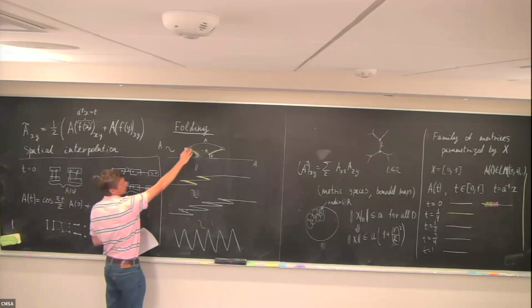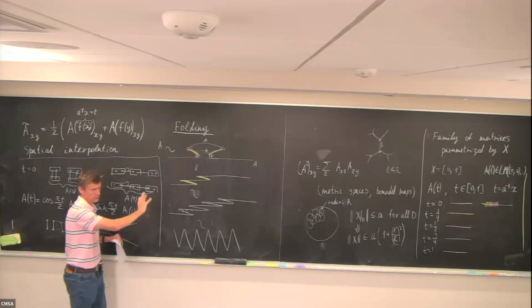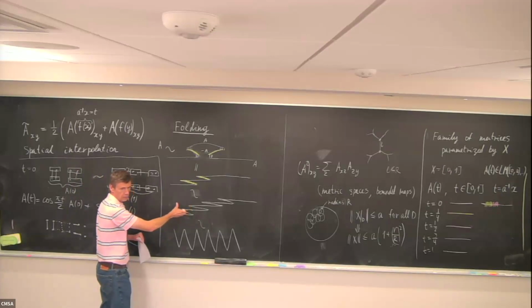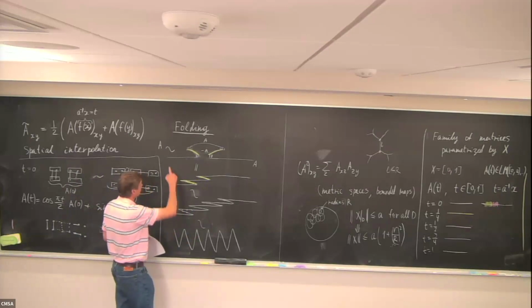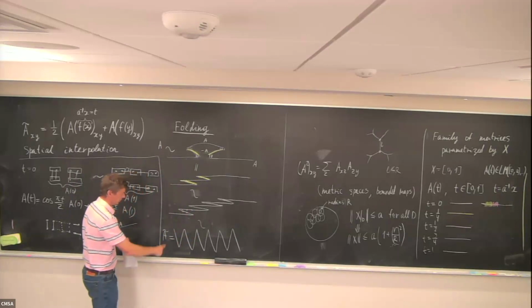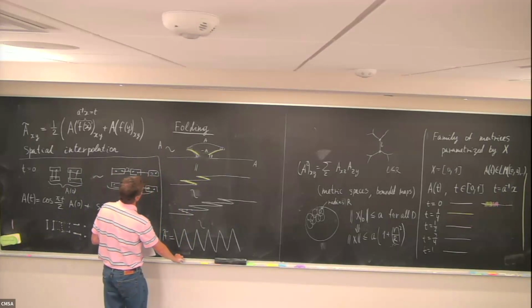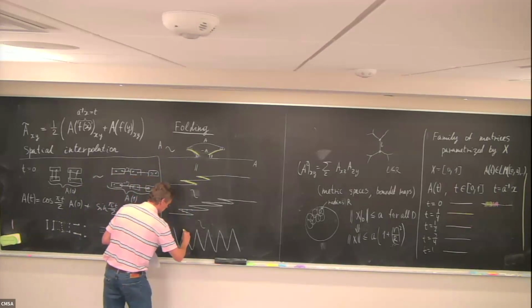The spatial interpolation was used to glue them together, and wiggling, the thing I described last time, is used to make this rotation. And now we have a thing continuously connected to A, A tilde, that looks like this. And it's multiple copies of A and minus A.